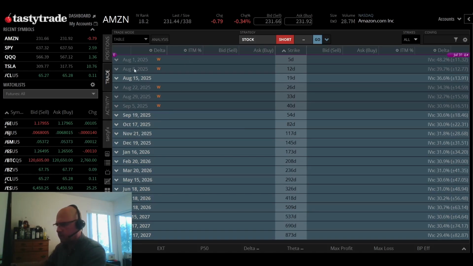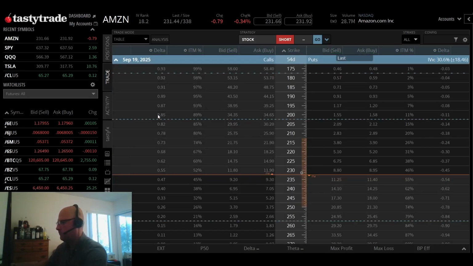Here are the dates of all the potential contracts you could do, and I'm going to go out to September because I trade options that are generally closest to 45 days to expiration. The ones above it that have the W are weekly contracts that I generally don't trade. Occasionally I will, but I find that they're not as liquid as the main monthly contract. So I'm going to September.